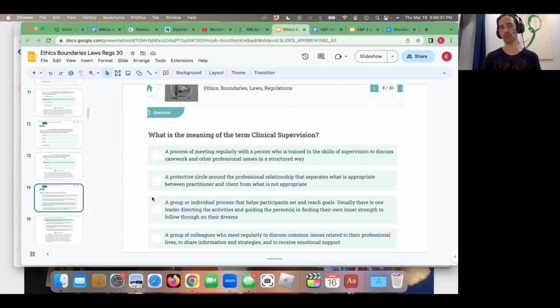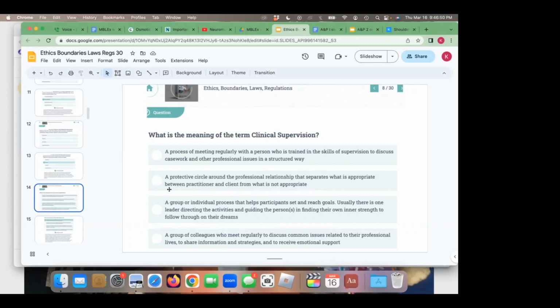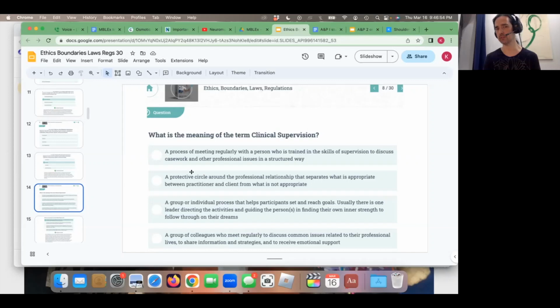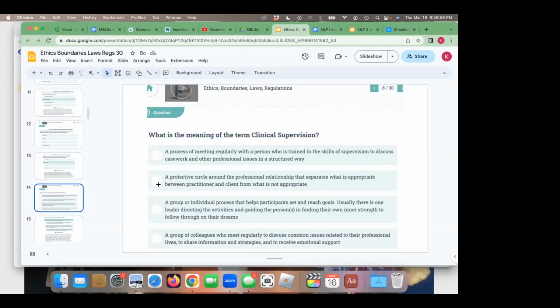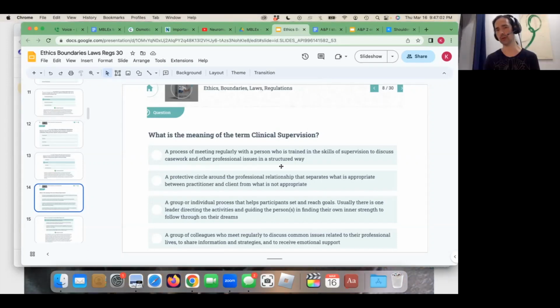Okay, so B is a protective circle around the professional relationship that separates what's appropriate and not appropriate between the practitioner and client. What does that sound like to you? What term? A protective circle. I'm going to say C. Vincent, what term would you use for a protective circle around the professional relationship? Mentor. My fault. No, boundary.